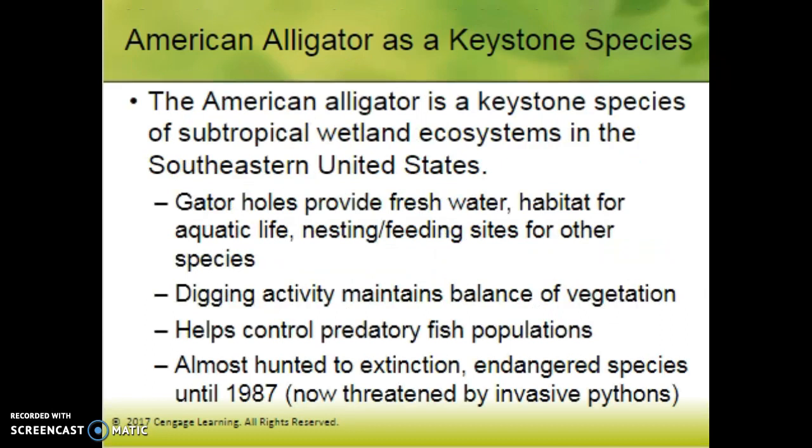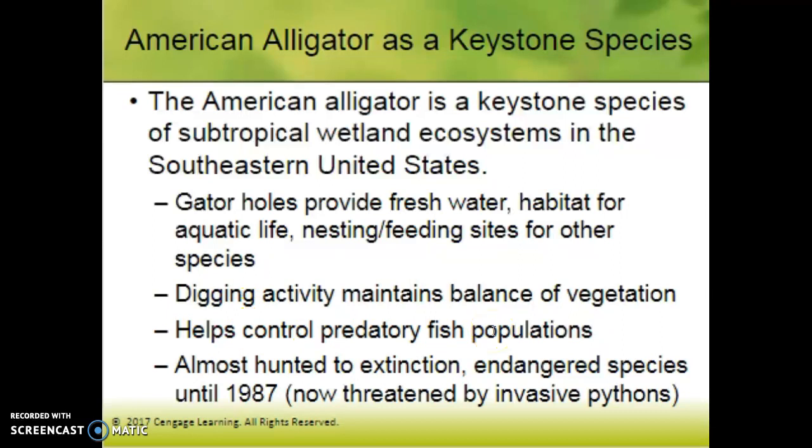An example of that is the American alligator. It's a keystone species in subtropical wetland ecosystems in the southeastern U.S. Places we have alligators, Florida, Alabama a little bit. You see that these gator holes provide fresh water and habitat for aquatic life. They're nesting and feeding sites for other species. They dig, and that maintains the balance of vegetation, controls predatory fish.